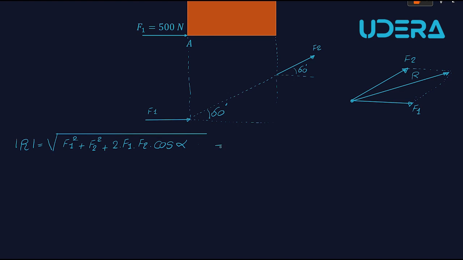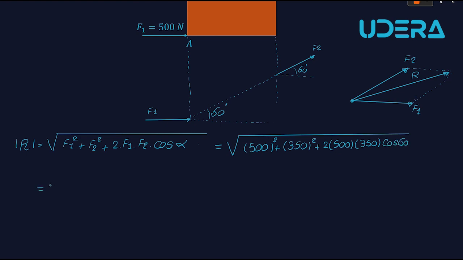I can substitute the values in the formula. F1 is 500 power 2 plus F2 is 350 power 2 plus 2 times 500 times 350 times cosine of 60.